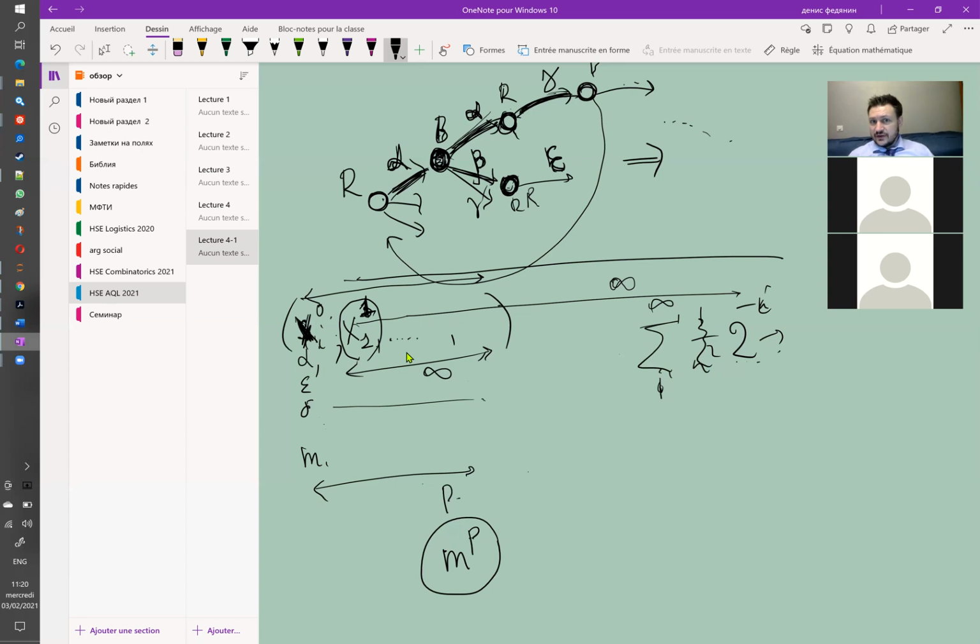For every node that is red. Red means that it is he who has to choose here.